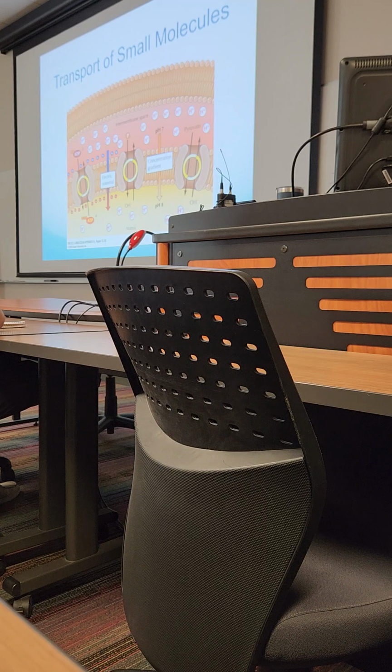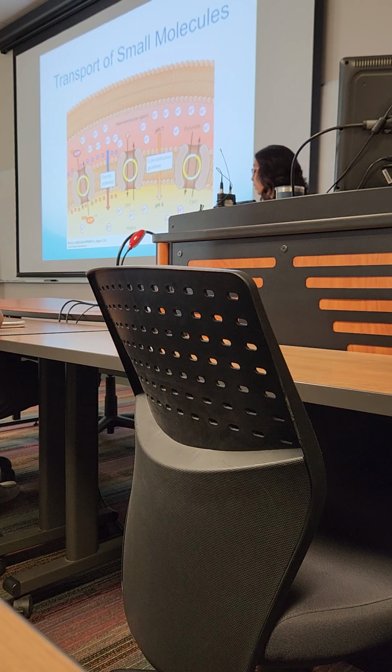All right, so we have an inorganic phosphate transporter. We bring them in and then what goes out is an H plus proton, I think, for that one. So it's another transporter.